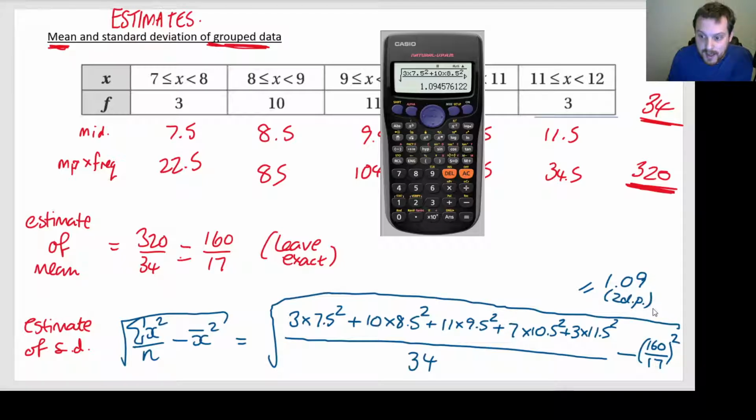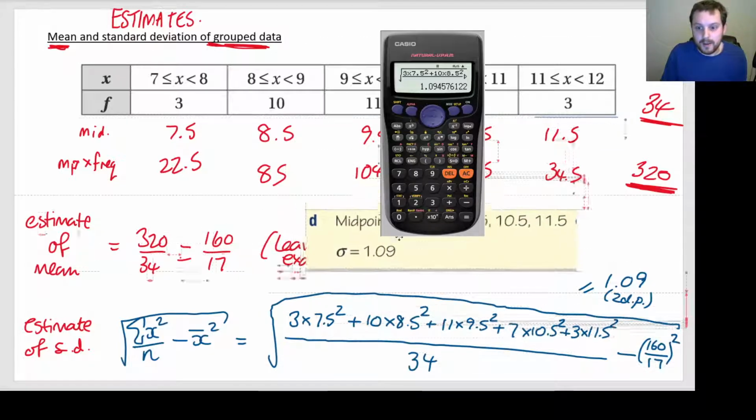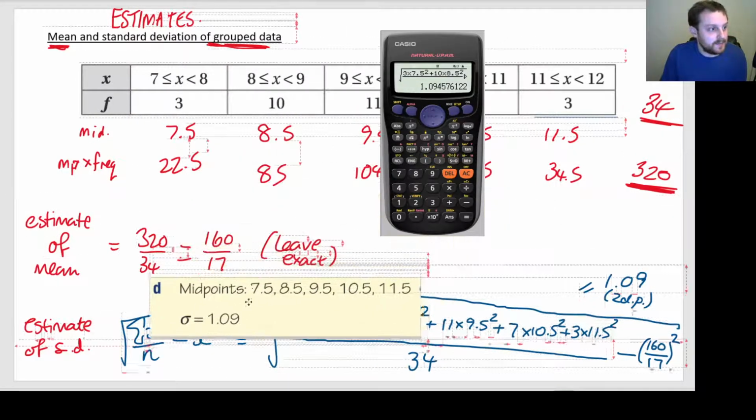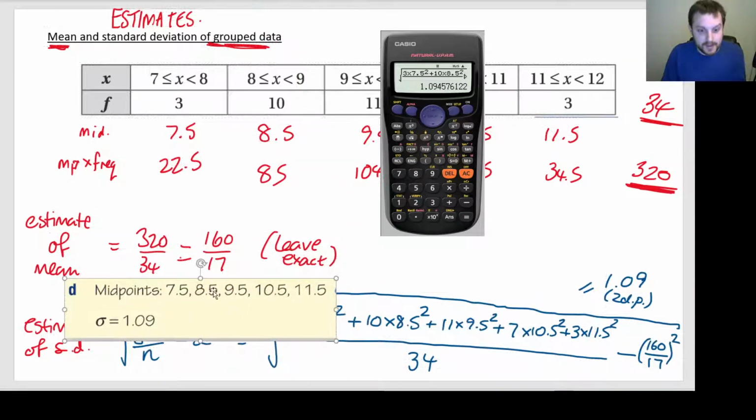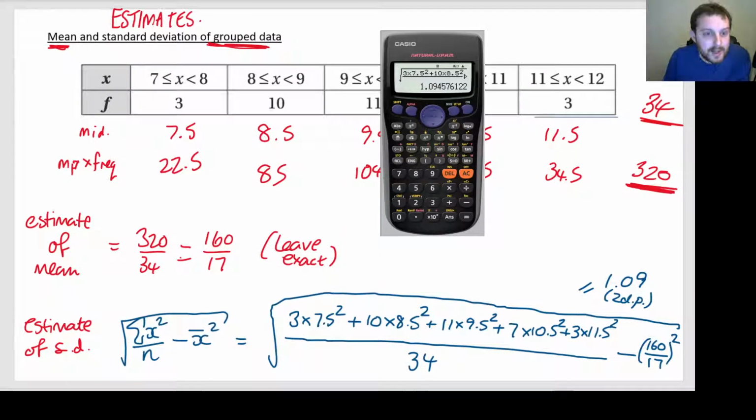And it's at this stage I would look to the book and cross my fingers that they have 1.09 as the answer. Oh, wonderful. Yes, look, it's here. There you go, 1.09 it is. So that was located on page 238.